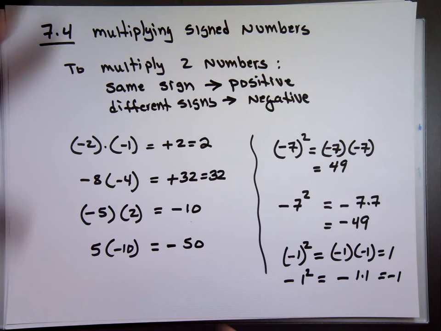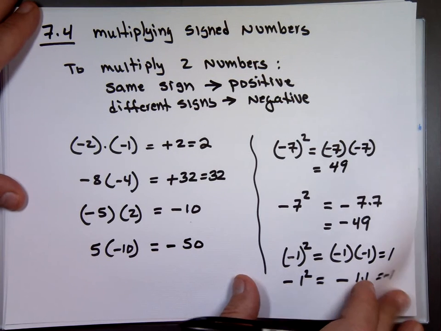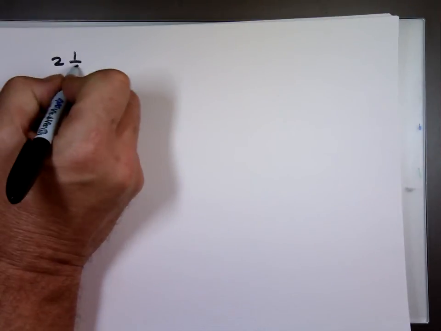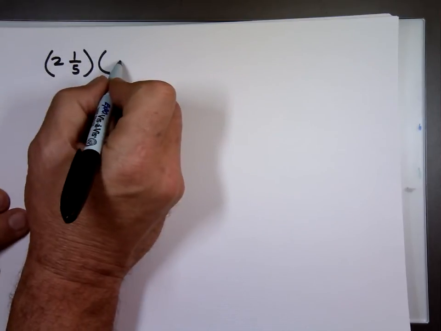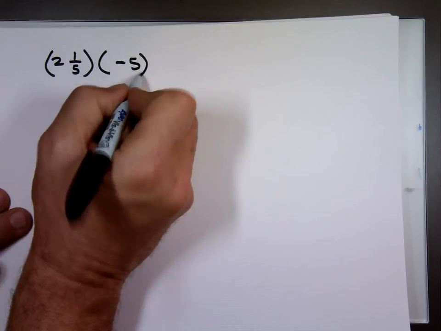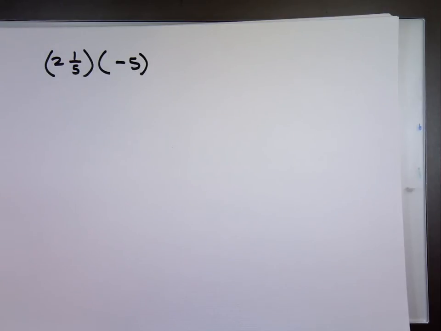Now I know you're going to love these. What is 2 1/5 times, let's take you back to chapter 2, negative 5? Well, usually when I see that, I go, okay, is my answer going to be positive or negative?